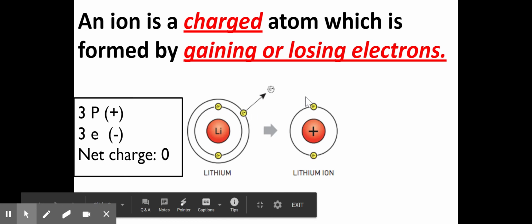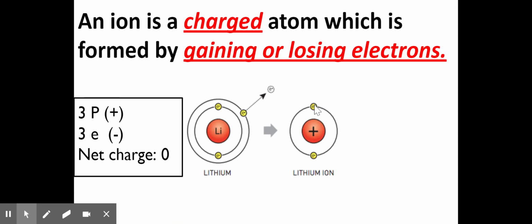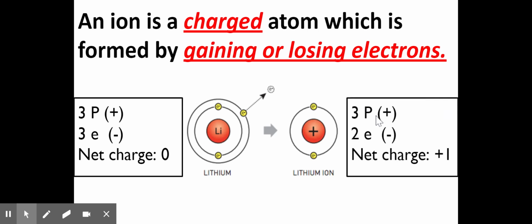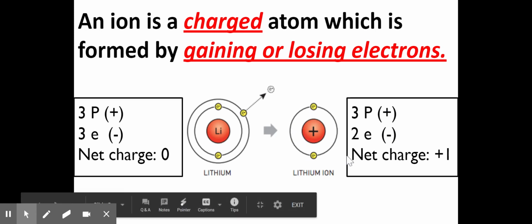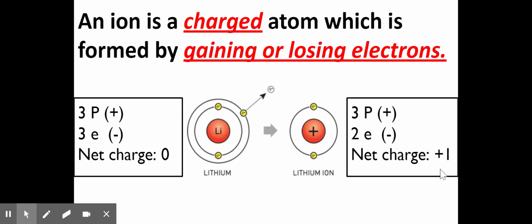Lithium would prefer to lose 1 electron to become 2. It still has 3 protons. The number of protons would never change for any atom. And because it lost 1 electron, it has 2 electrons left. So 3 positive, 2 negative, and the net charge for this, we call it a lithium ion, and the charge for this lithium ion is +1.